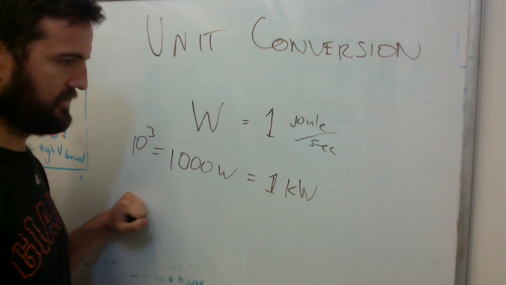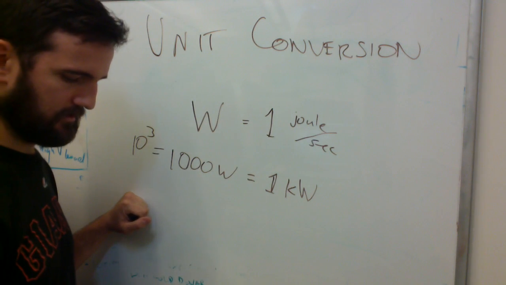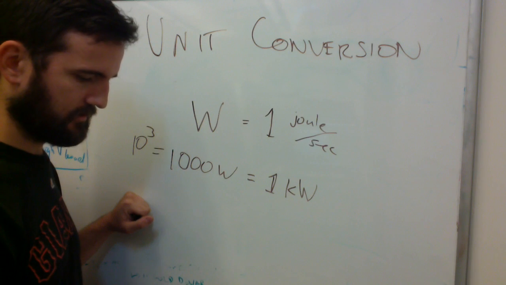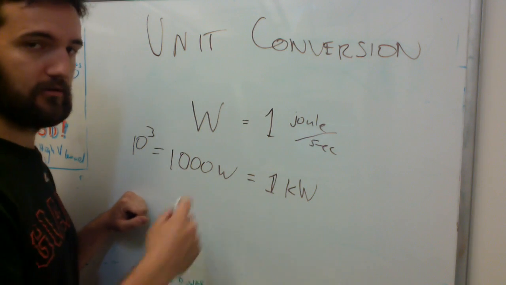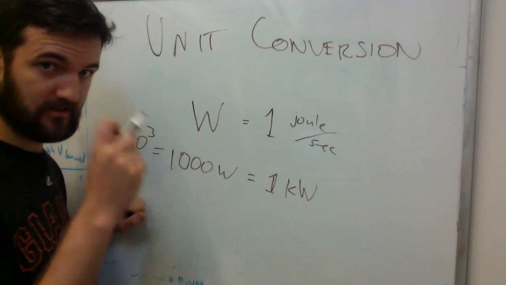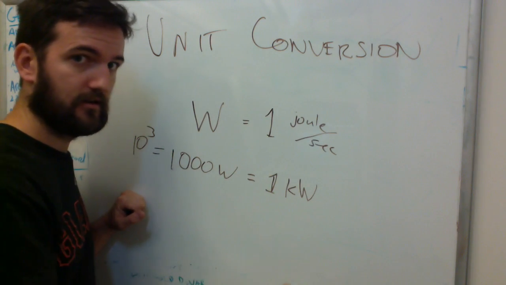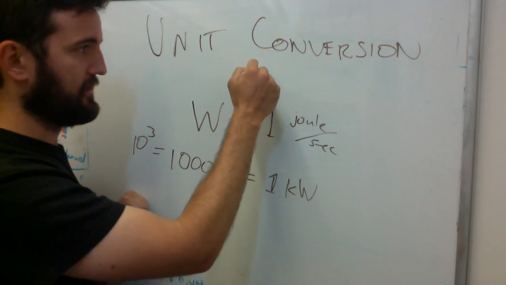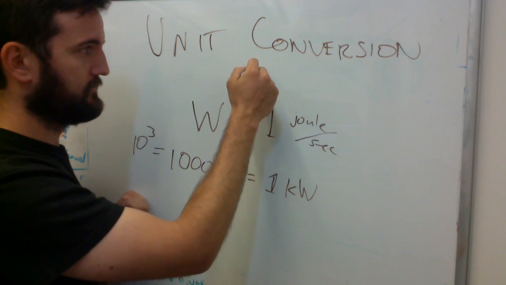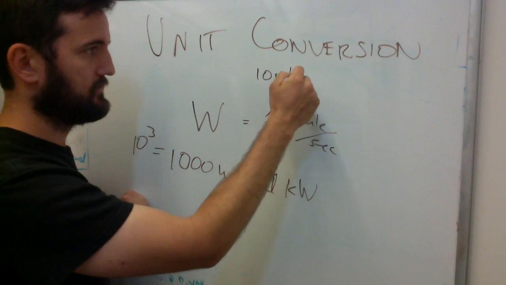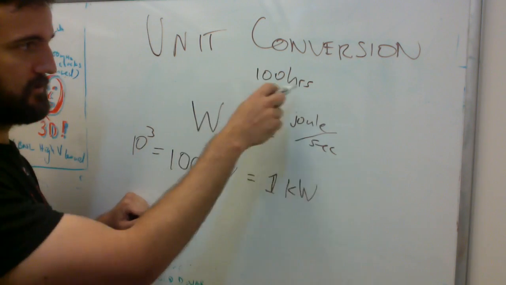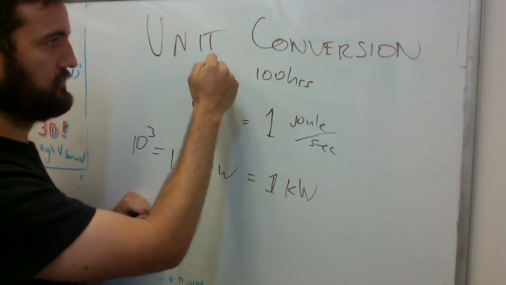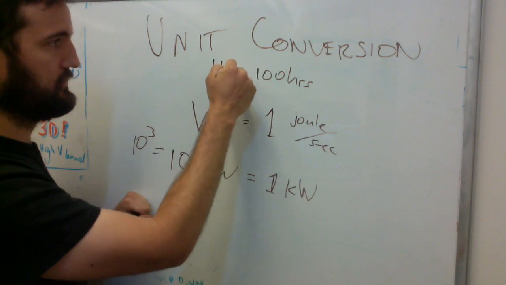I didn't want any of you to get stumped on that. And then if you wanted to get kilowatt hours, well, it's not kilowatts per hour here, it's kilowatt hours. So where that comes from is that, let's say you operate your home's power for 100 hours, and in those 100 hours you produce 1 kilowatt.